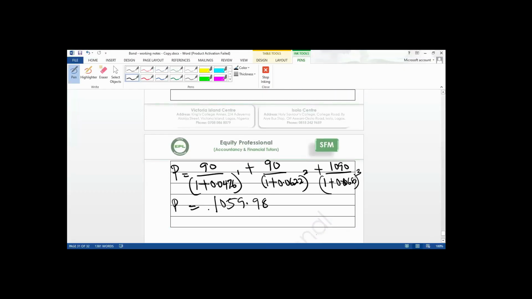We can approximate this to become price of the bond 1060. The margin again.